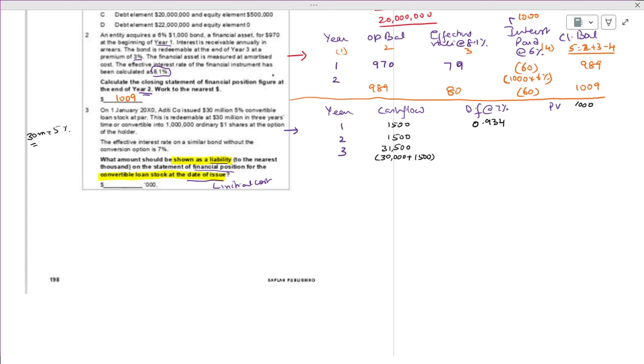Whatever value you got on the calculator, keep it, and again divide by 1.07. We will take the present value, right? We take the discount factor and then multiply. Present value equals future value divided by 1 plus interest rate. How much will you get?